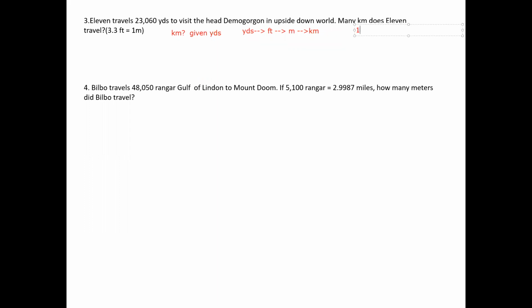So we know that 1 yard is 3 feet and 1 kilometer is 1,000 meters. So now we can set up our train track to convert from yards to kilometers.